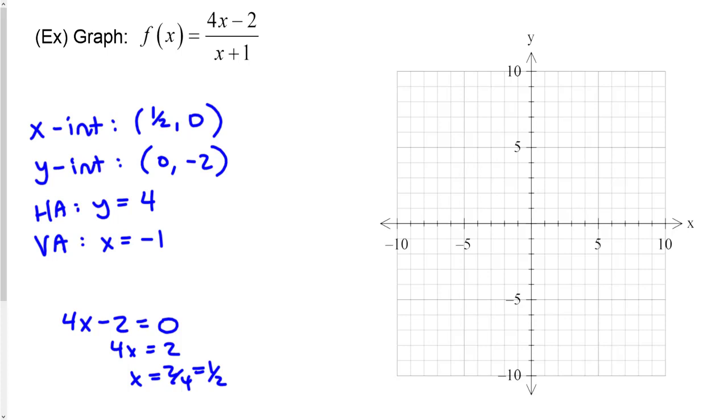Now we'll place all of this on the chart. So 1/2, 0 is my x-intercept. 0, -2 is the y-intercept. Horizontal asymptote at y equals 4. And a vertical asymptote at x equals -1.